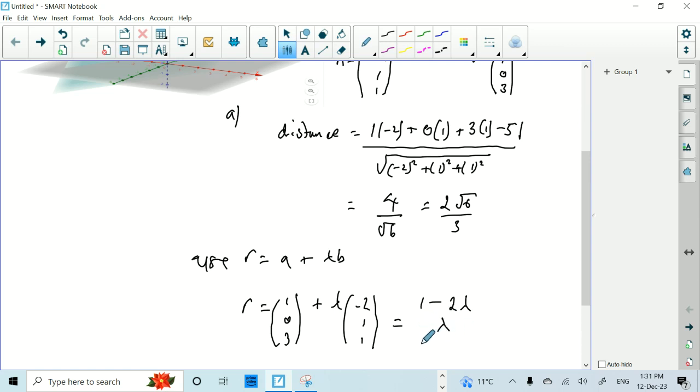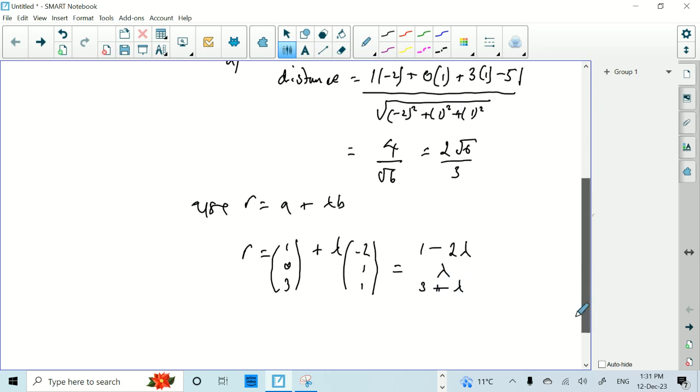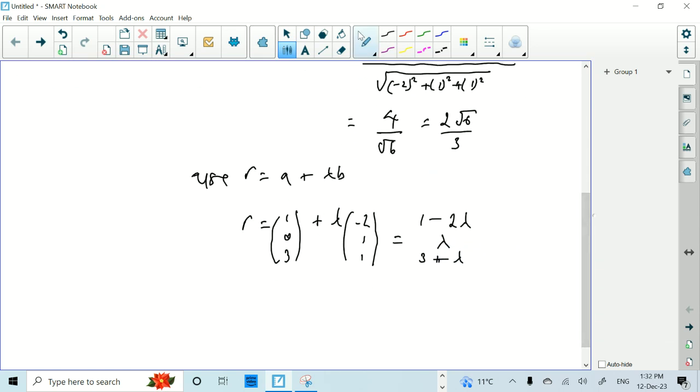And 3 plus 1 times lambda, that will give me just 3 plus lambda. So 3 plus, whoops, that's a plus lambda. So, better write that nicely. So there we have it there. 3 plus lambda. And here we go.